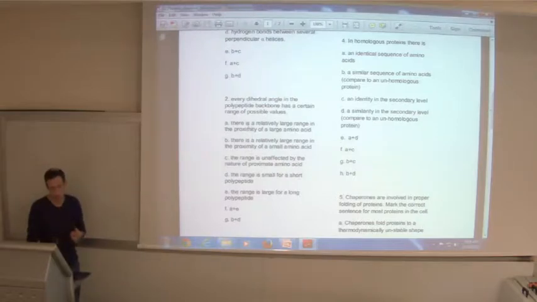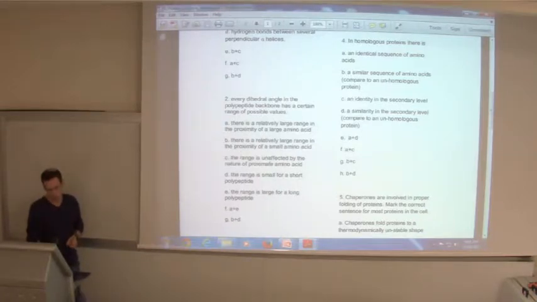If any, there will be a relatively small range of possible dihedral angles around a large amino acid, an amino acid with a large residual group. And indeed, that's what we see on average, generally speaking, in the Ramachandran plot. There is a relatively large range in the proximity of a small amino acid, so B is just the opposite, it's correct. It's exactly the specific example we saw for glycine.